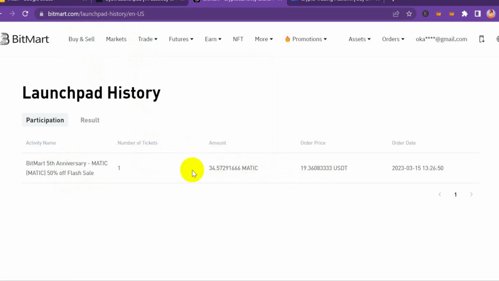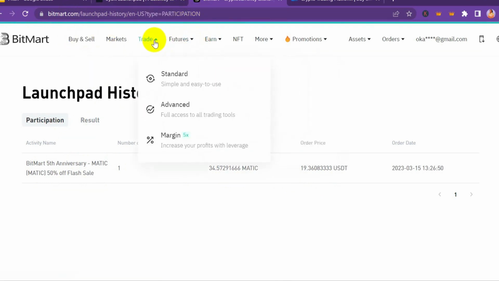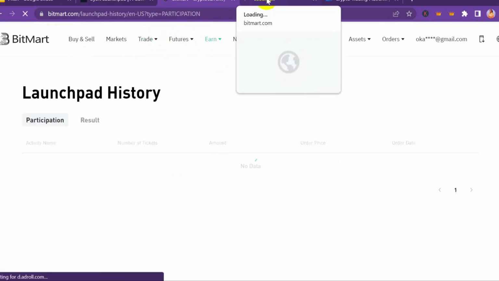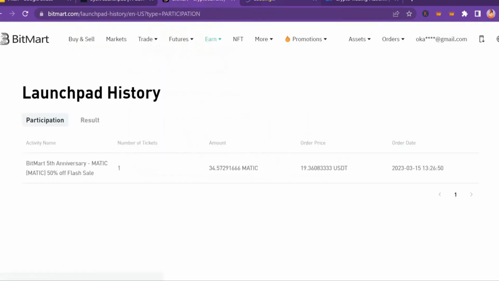By the time they did this flash off, Matic was selling for 1 point something dollar, and I want to show you something. Matic was selling for 1 point something dollar, and they sold it at half of the price on the launchpad.